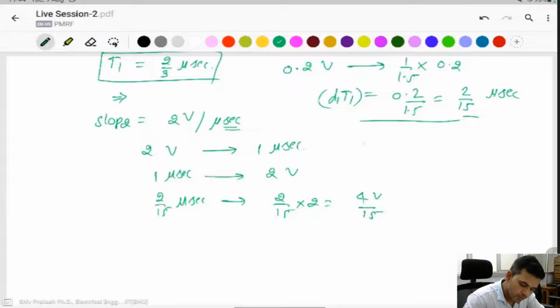Actually, this one D1 is given, and D1 is equal to 2 by 15 divided by T1, 2 by 3, which is 1 by 5.